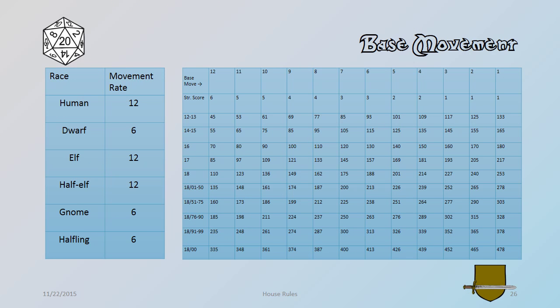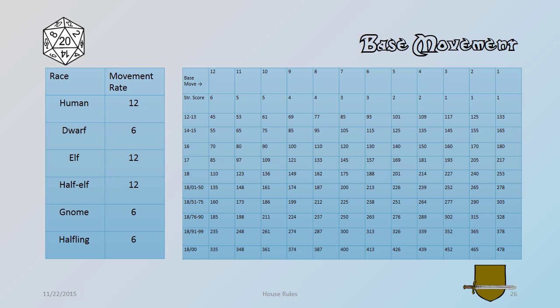Base movement, like I said, we do play with the weight. We do play with encumbrance. We use the tournament rules, so it's kind of a step down process based on what you can carry given your strength. Everyone has a base movement rate based on your race, either 12 or 6.